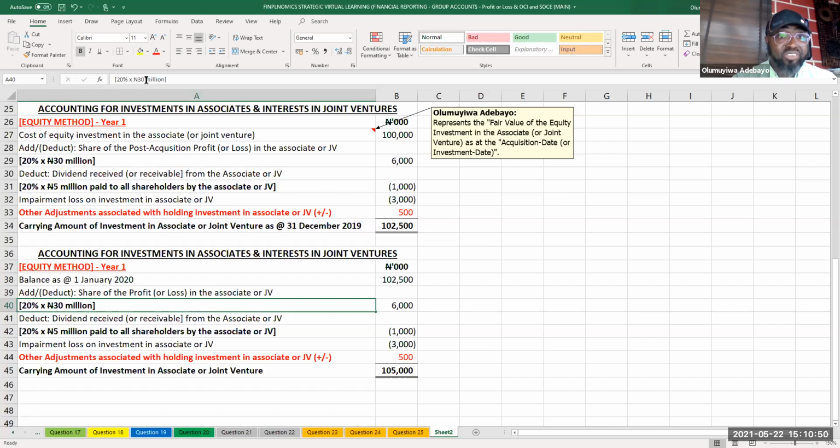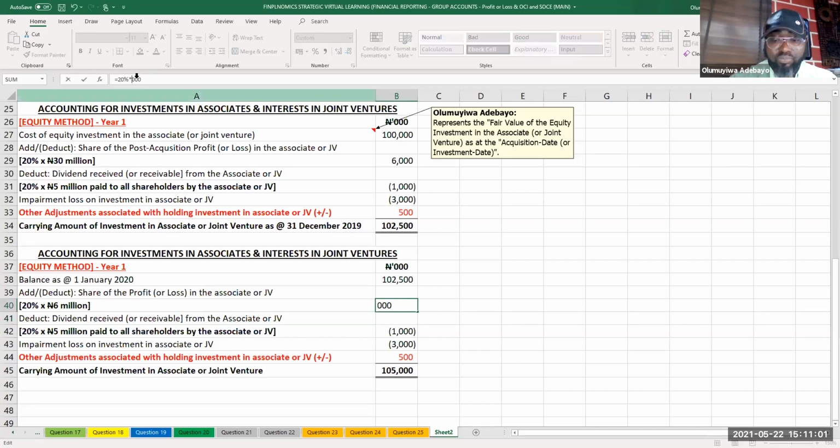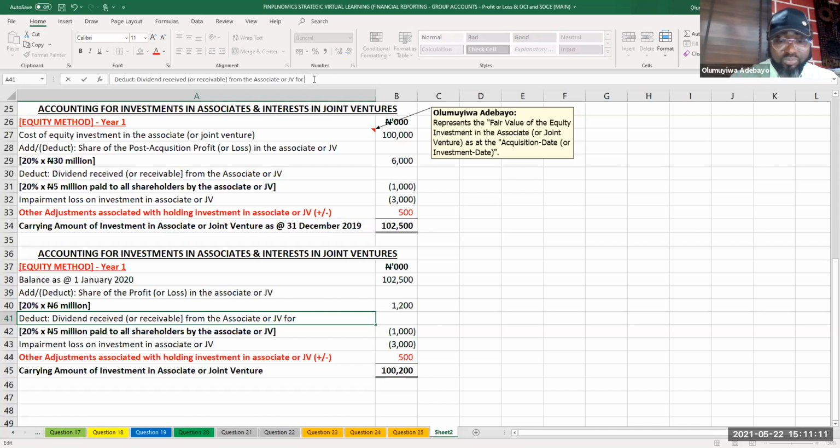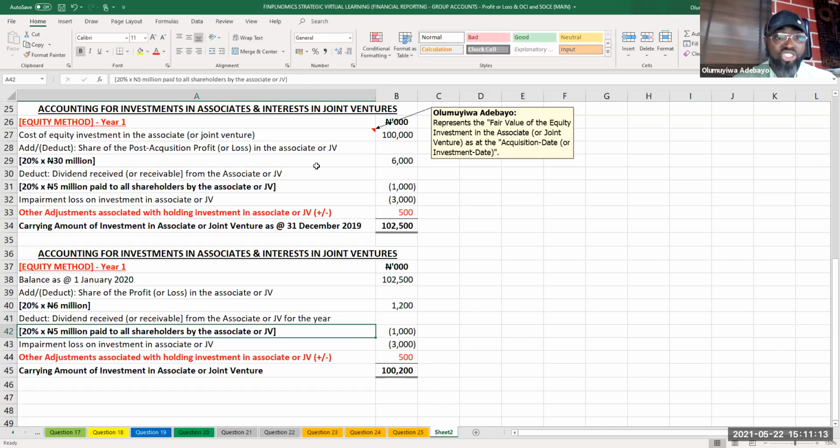And let's say the current profit or loss is 6 million. Dividend for the current year, which is not cumulative, probably the dividend paid in the current year is just 1 million. Therefore, 20% of it.